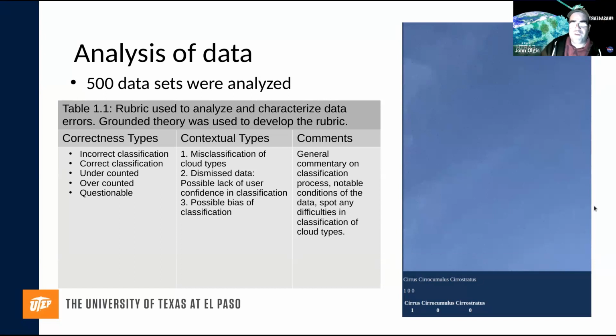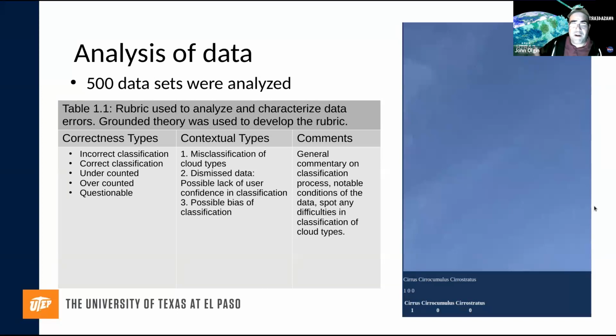Some are very questionable. Some will have all the data posted, but say there's maybe 20% coverage of clouds in the sky, and then they don't label anything, which is kind of weird. There are questionable issues with that data.